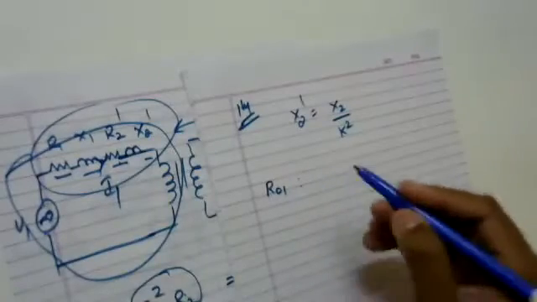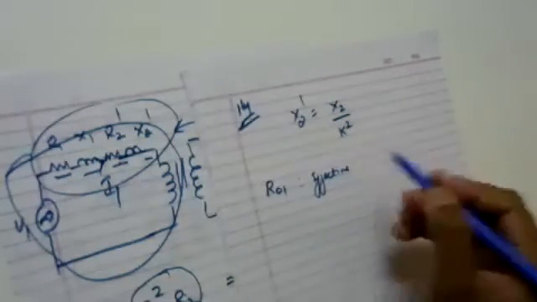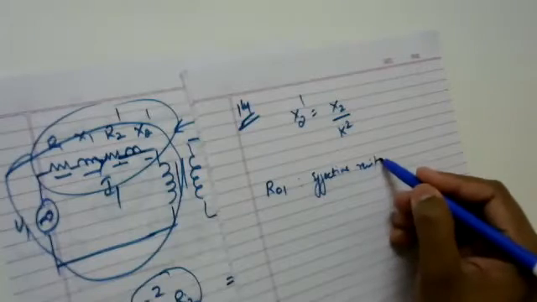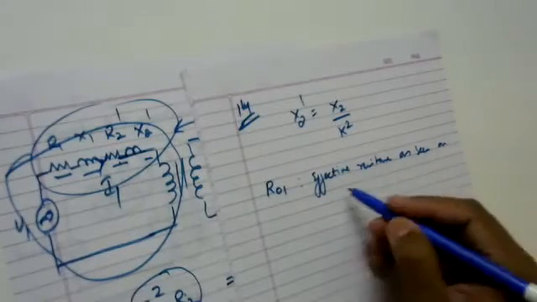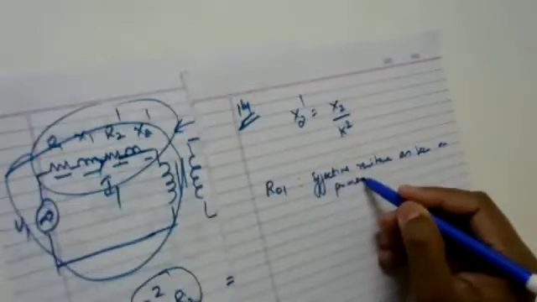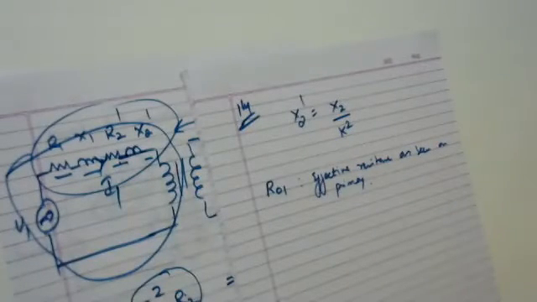R01 is called the effective resistance as seen on primary.